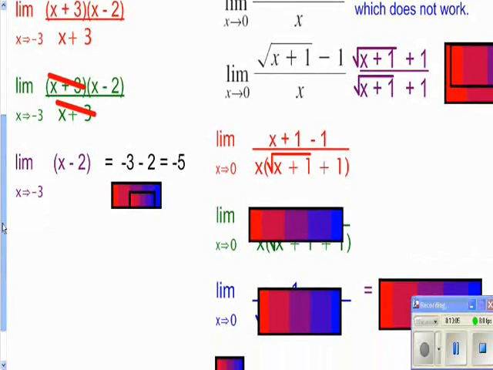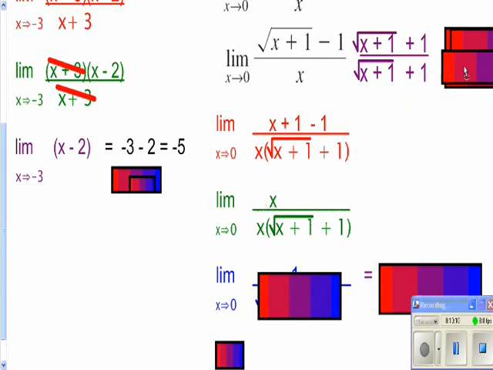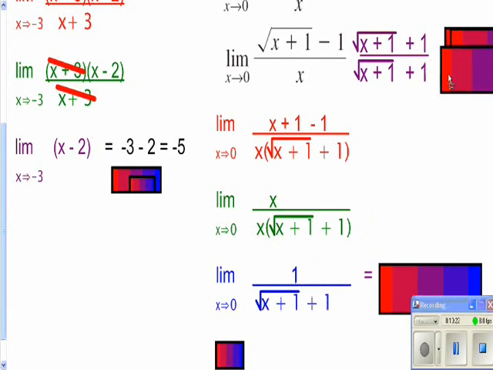You'll notice that the top does simplify. Top just simplifies down to x. So now you have an x times the whole top and an x times the whole bottom. Then you can cross out those x's in front. So you're left with only a 1 on the top, and you're left with your conjugate on the bottom.